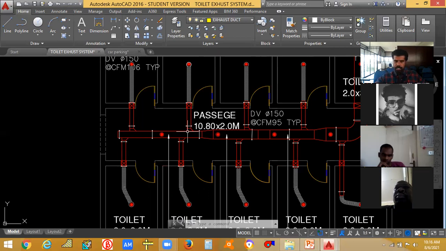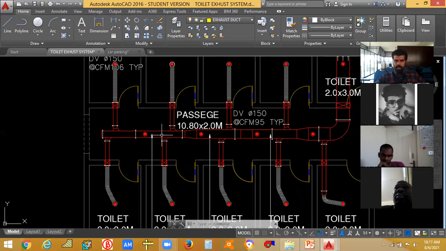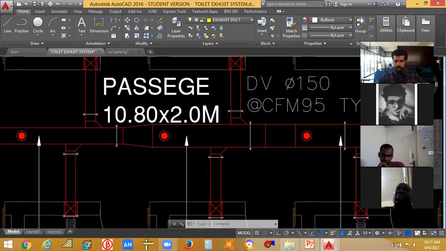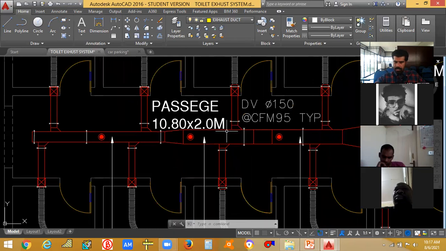Then you will be getting this duct size. Now the third one, how to find this bigger duct size? You have to add this toilet plus this toilet plus this toilet plus this toilet plus this passage area plus this passage area plus this passage area CFM, then you will be getting this duct size.